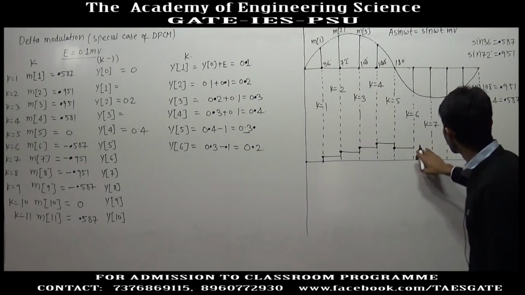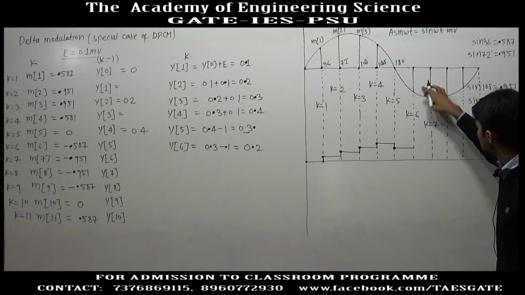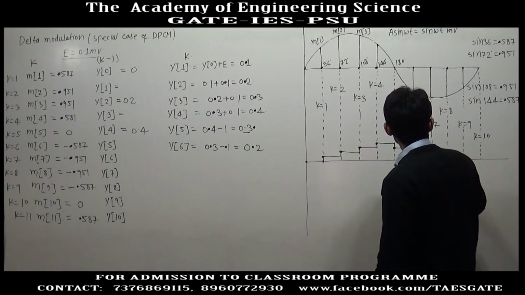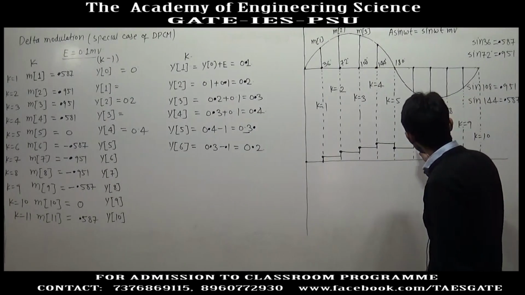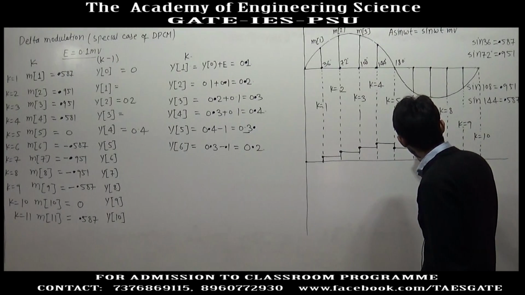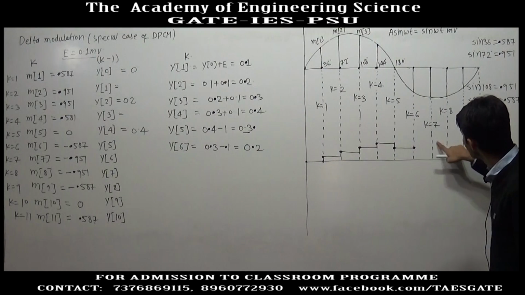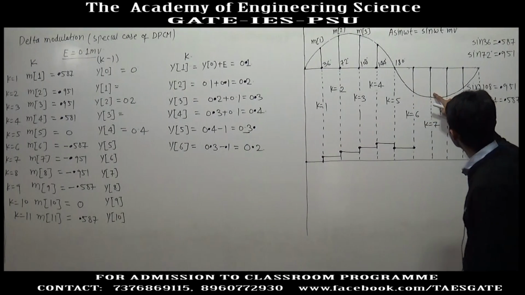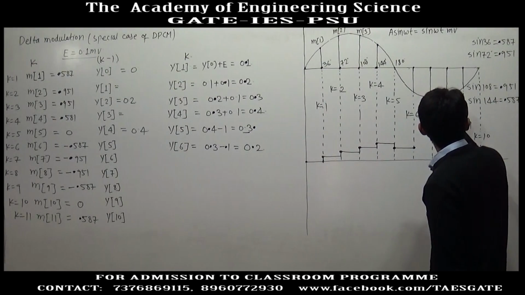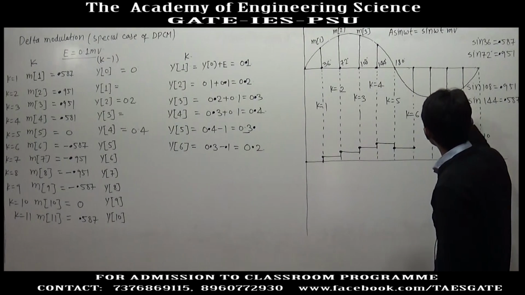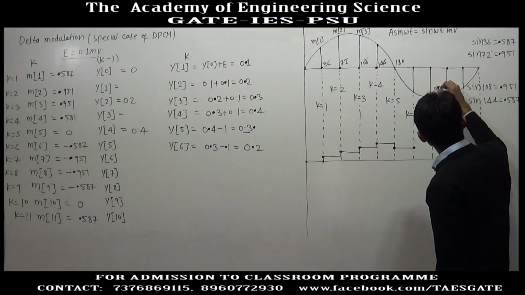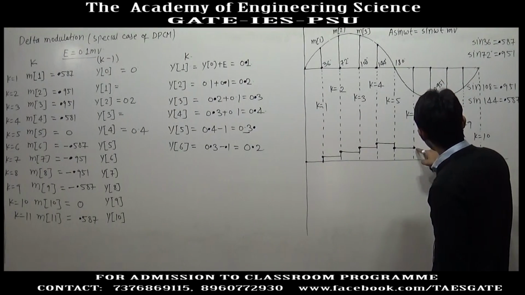Now, we will try to make it in the graph. At k equal to 6, to find the output at k equal to 7, we will compare y6 and m7. m7 is minus 0.951, and the previous output is positive.